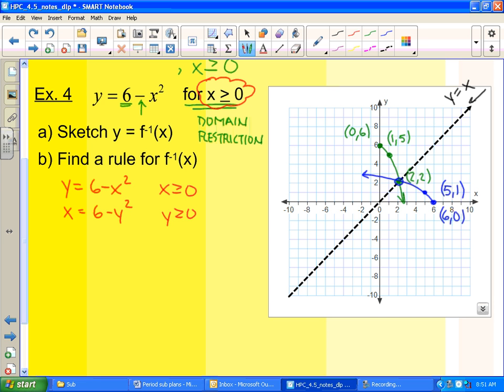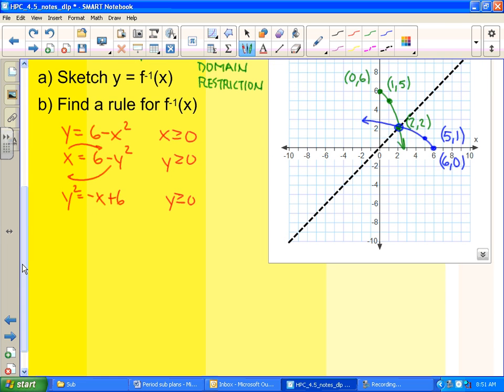Now we're going to solve this thing for y. So we move our x over. I like making my y's positive, so I'm going to move my y squared over here, move my x over here. Then I get y squared is equal to negative x plus 6. And y is still greater than or equal to 0. All right, we're thinking about undoing a y squared, which means we're going to have to take a square root of this.